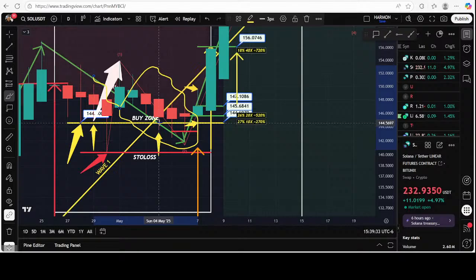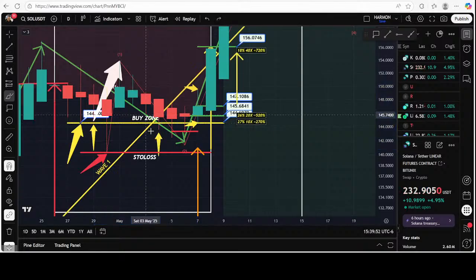Hit ones in the chat if that makes sense. Right? So you buy here because you think you're getting a bounce, and then you get wiped out because you didn't check the indicator for the money. The reason why we use the indicator for the money is so that we don't get caught in all this bullshit, right?